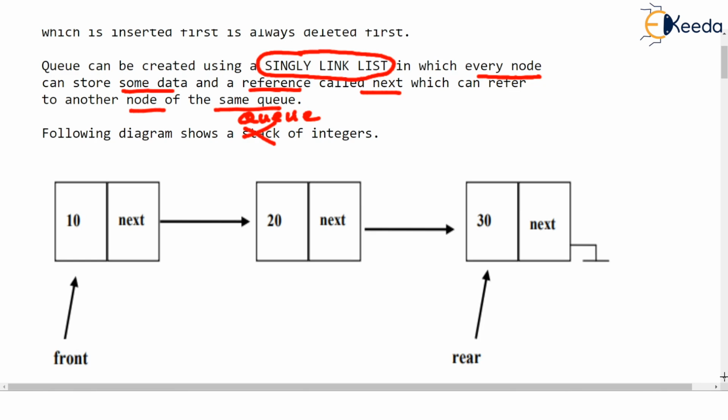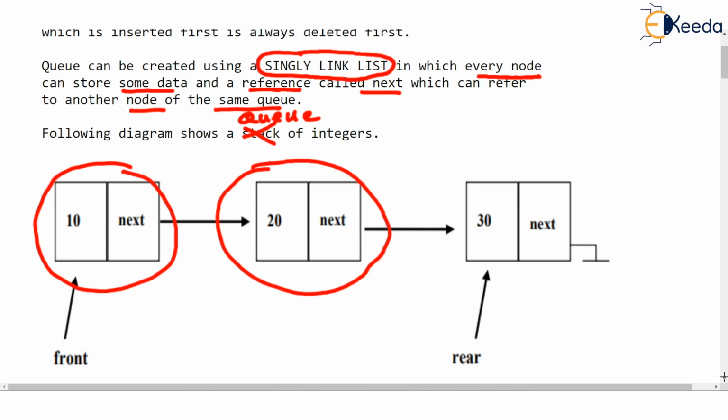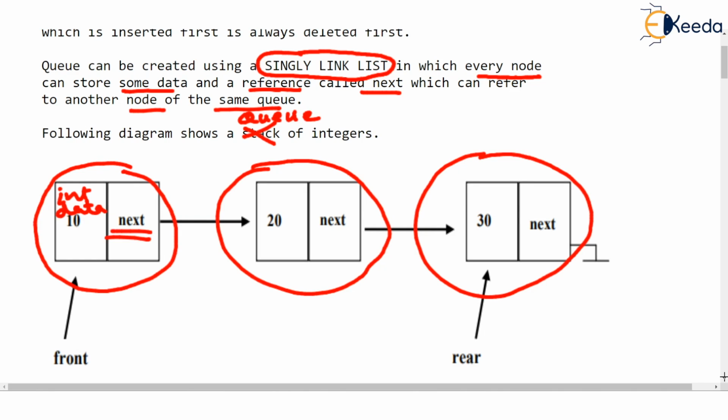Now you can see that all these constituents over here are nodes. These are nodes of the queue. And you observe that each node of the queue is storing integer data, like 10, 20, 30. And each node has a pointer called next. You know that the pointer stores an address.